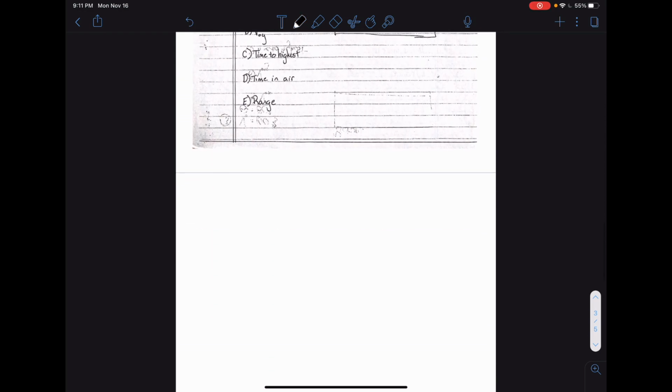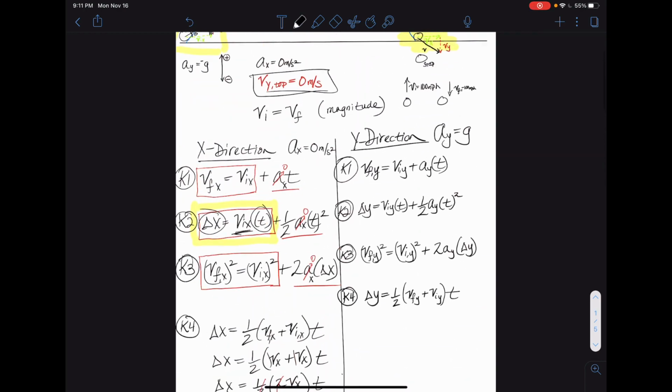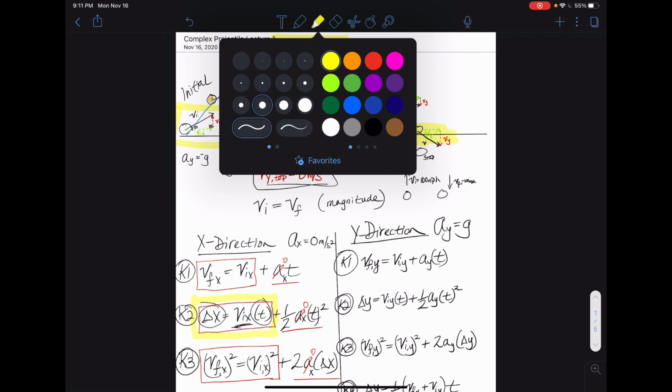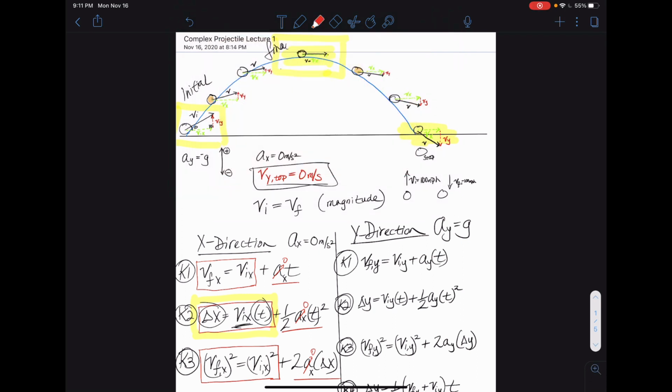Well, if you used a K formula there, there's a couple ways you could do it. Let's say you wanted to call this the initial, the very initial, and this the very final.